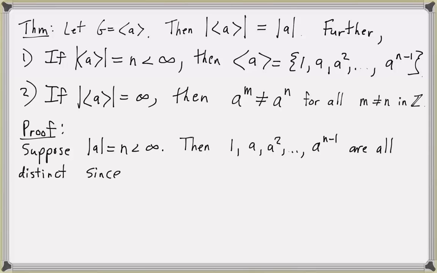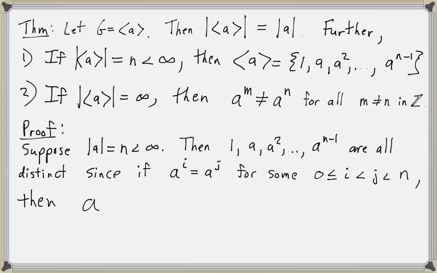Since if you had two of these powers equal to each other, for example, if a to the power i is equal to a to the power j, for some integers i and j, i greater than or equal to 0 and less than j, and j less than n, then a to the power j minus i would equal a to the power 0, which is the identity element.